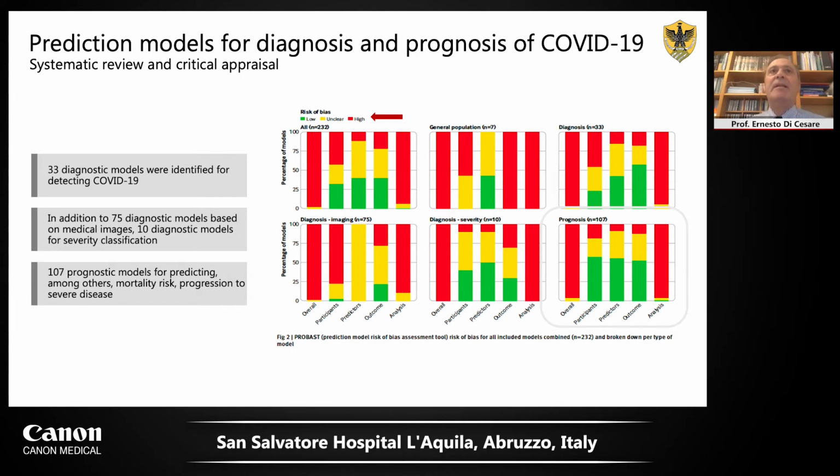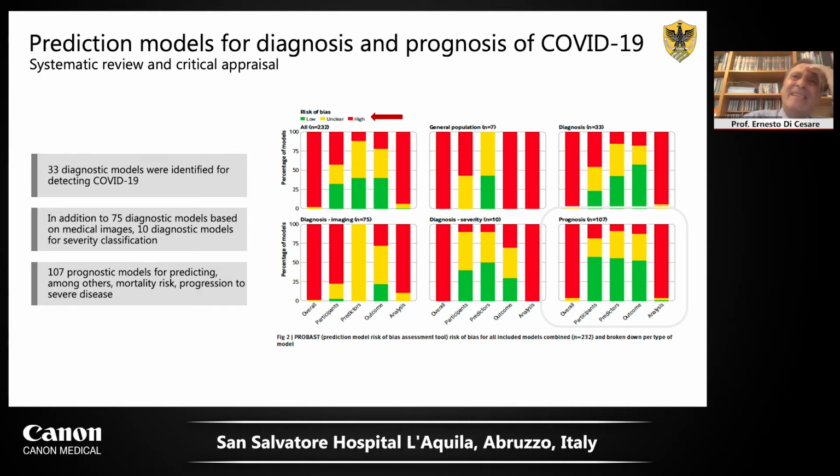As reported in this systematic review, many diagnostic models have been identified for detecting COVID-19, and 75 of them were based on medical imaging, 10 for severity classification, and 107 models for predicting progression to severe disease.